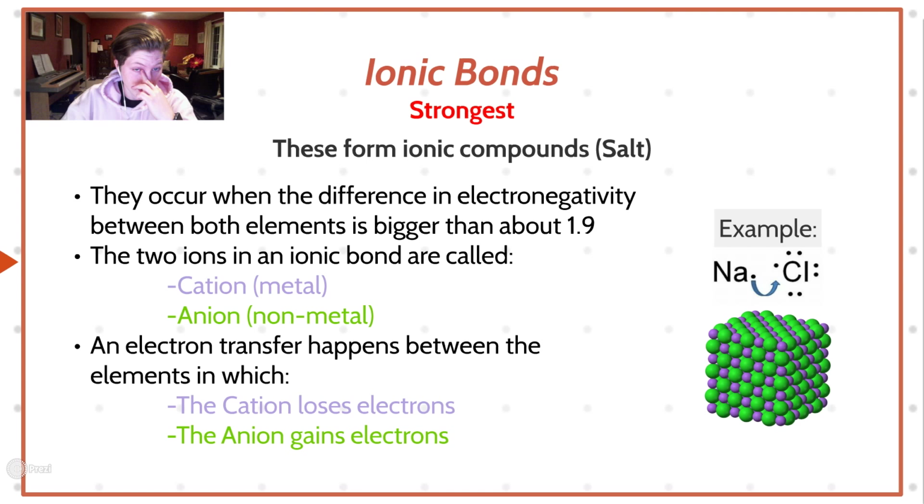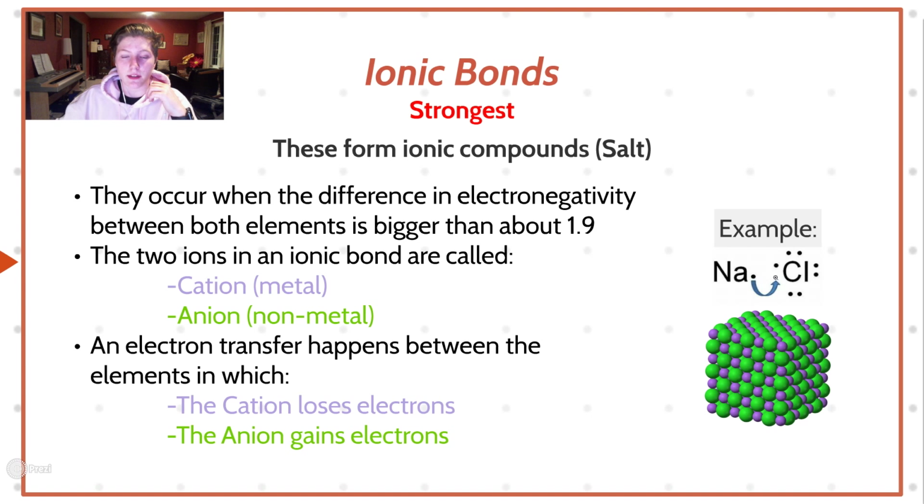And when there's ionic bonds, they form ionic compounds between the atoms. And you can know that it's going to be an ionic bond because the difference in electronegativity between the elements is going to be bigger than 1.9. So for example, you got here NaCl, and the difference in electronegativity is bigger than 1.9, and therefore there's an electron transfer.